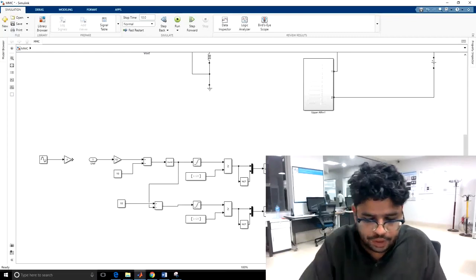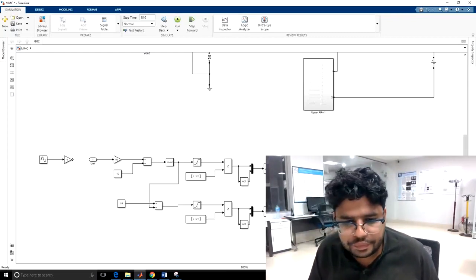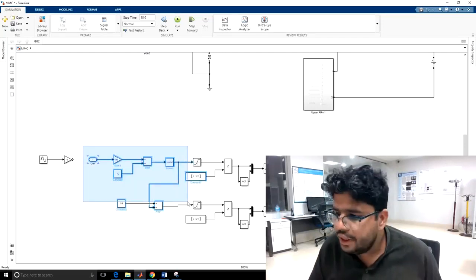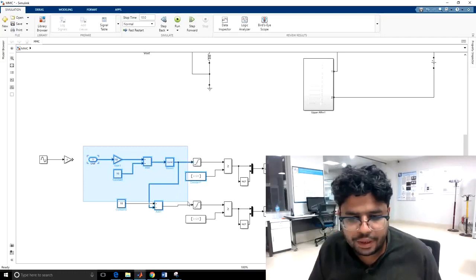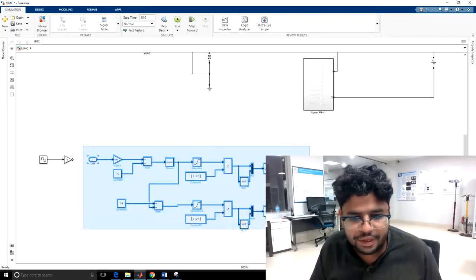So let's make it lower arm. So let's create a subsystem from it.